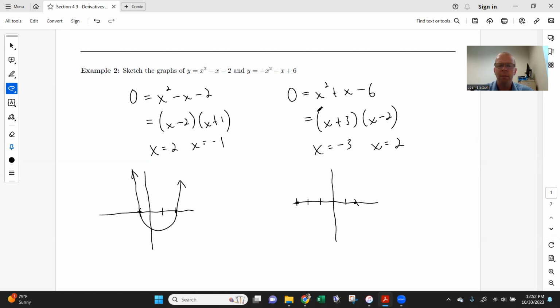Looking at the original, the leading coefficient is negative, so this one's going to open down. Leading coefficient positive opens up, leading coefficient negative opens down. So this one will look something like that. Again, we're not worried about how far up we go or how steep it is. All we're worried about is where it's positive and where it's negative. This one is negative from negative infinity to negative 3, and from 2 to infinity, and it's positive between negative 3 and 2.